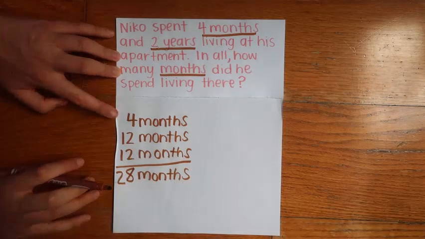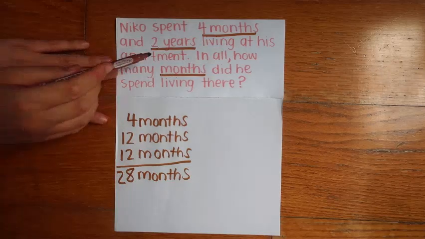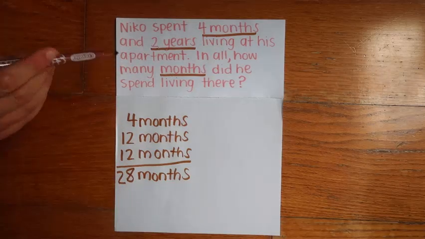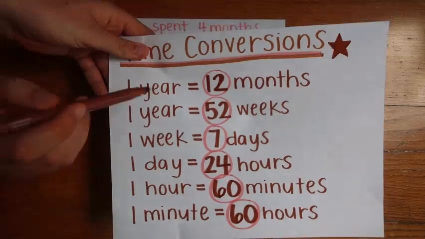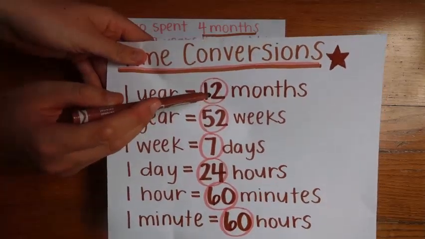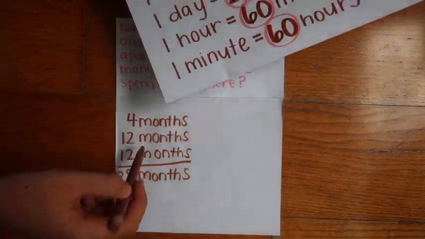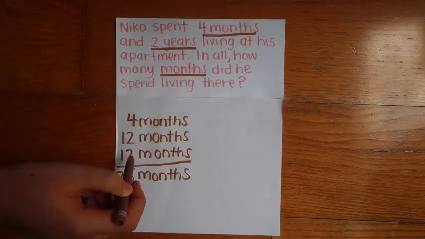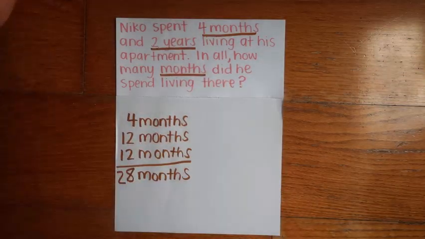This is just another way that if you like, you can break up those 2 years and say, you know what, I know that 1 year is 12 months. So I could add 12 months for the first year and 12 months for the second year.